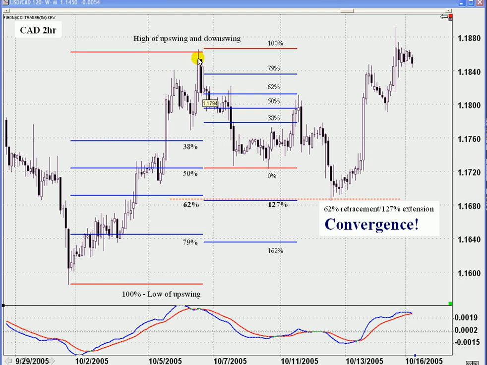In the meantime, we see this downswing, retrace 62%, and then extend 127%. And we have a 62% retracement, 127% extension, and then price touches it and rallies, looking to make new highs.